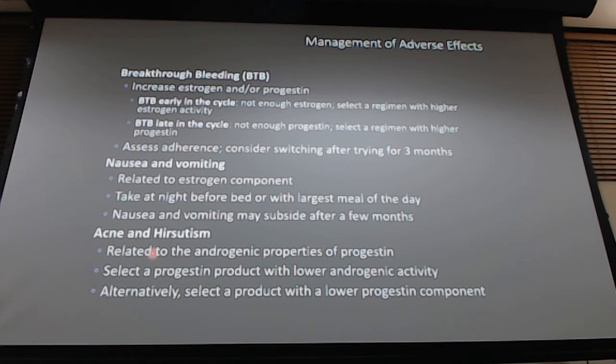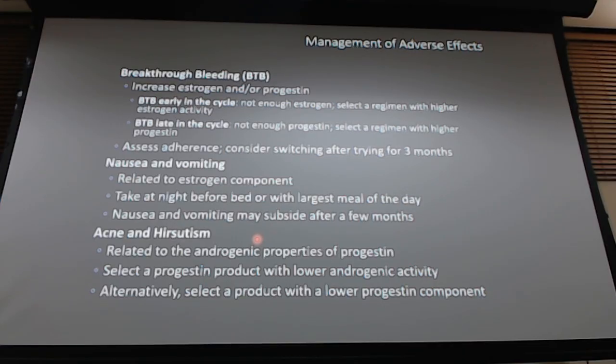And then looking at the effects over time, once that 3-month period hits, a lot of times people's body gets acclimated to it and they're okay, they're not worried about it, it goes away. Your acne and your hirsutism, remember we said, was related to those androgenic effects.